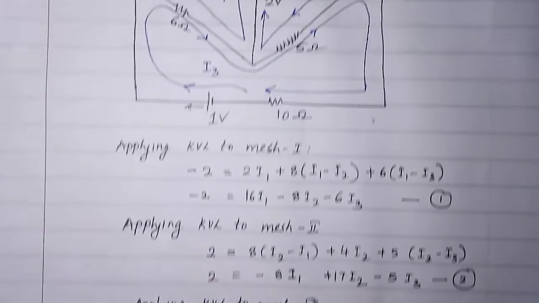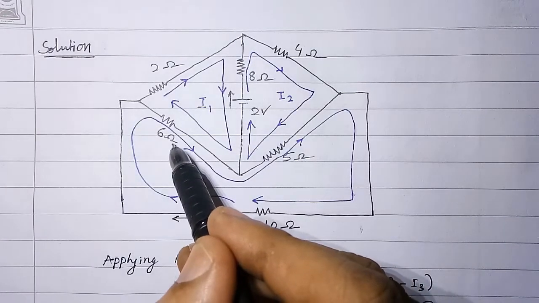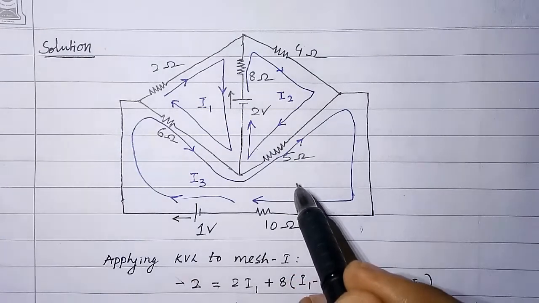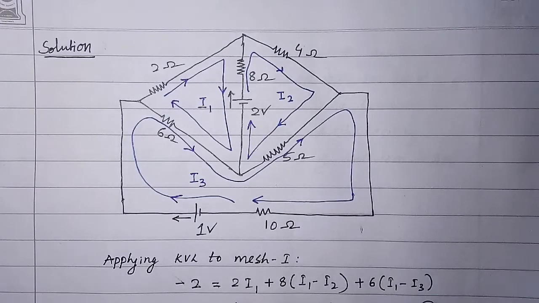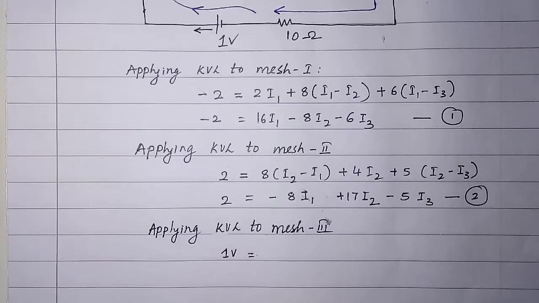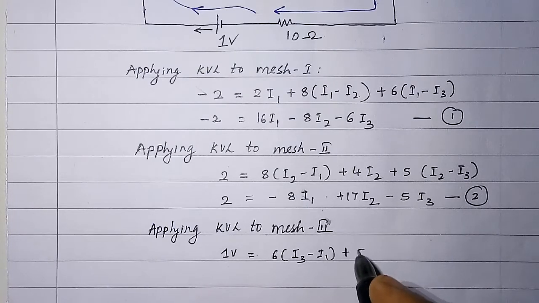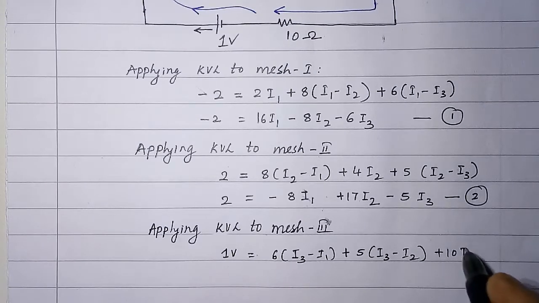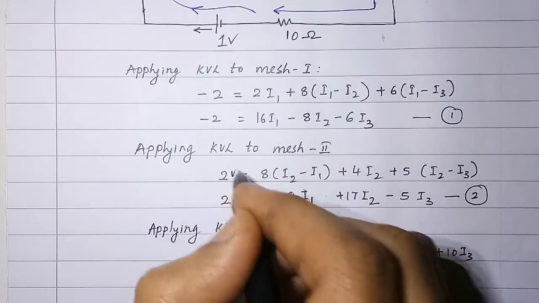That is equal to the sum of voltage drops: 6 into the bracket I3 minus I1 plus 5 into the bracket I3 minus I2 plus 10 into I3.